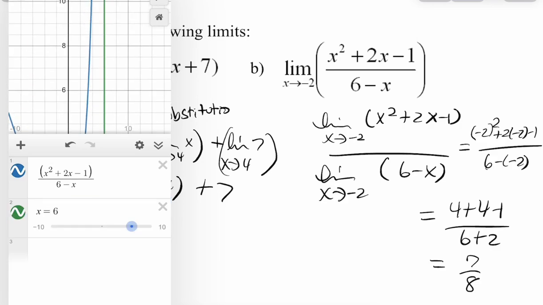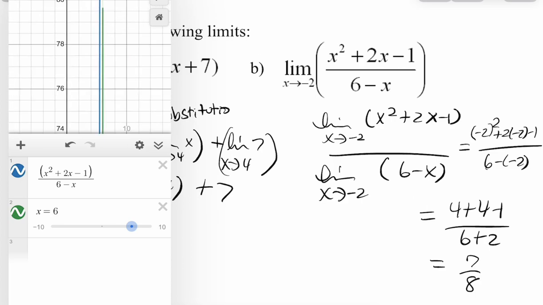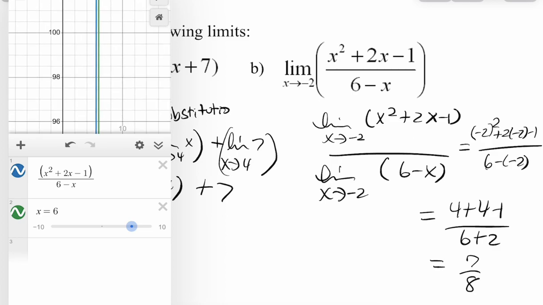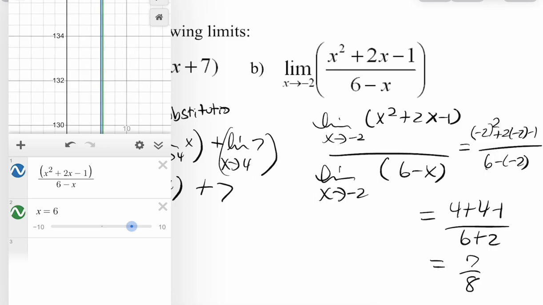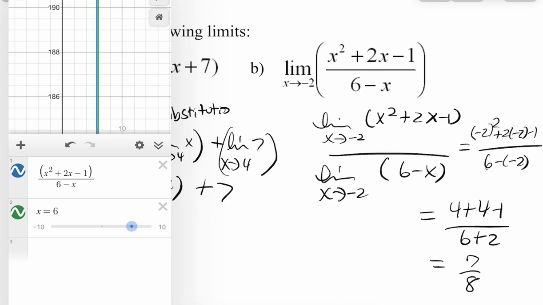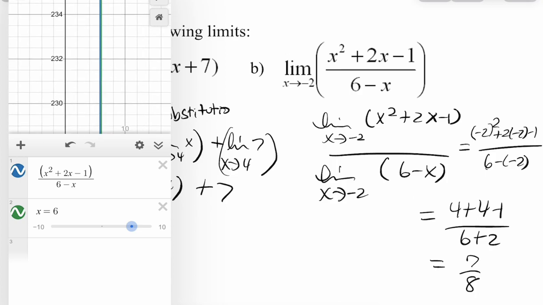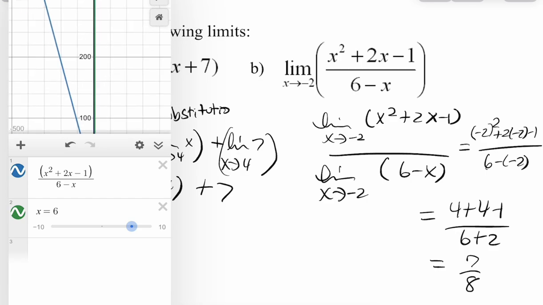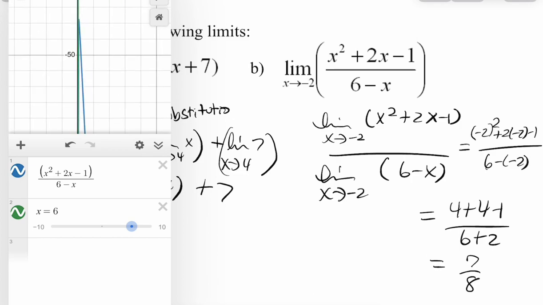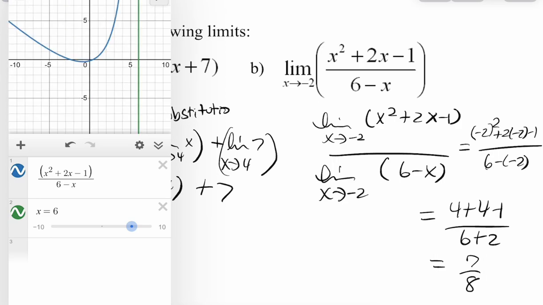There's a hole in the graph. It's a very... I'm getting closer. Unless it's an asymptote, just a second. Oh, I think there's an asymptote there. Anyway, there's a problem at 6.